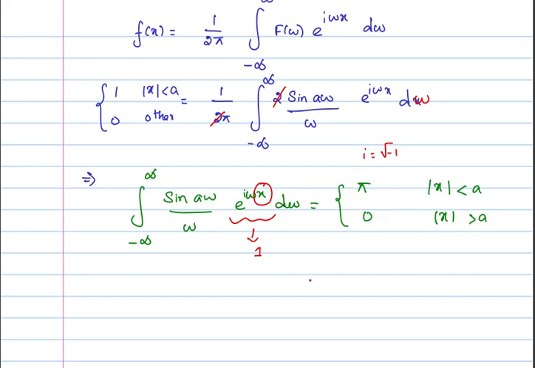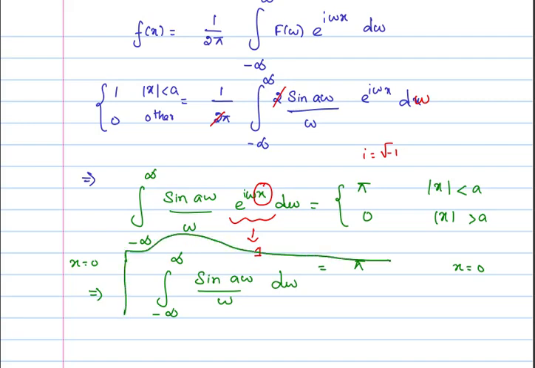What does the right hand side become? Pi. So whenever I put x equal to 0, this implies the integral from minus infinity to plus infinity of sin a omega divided by omega d omega equals pi. This is the integral I had to evaluate.